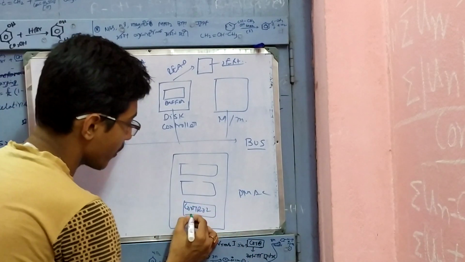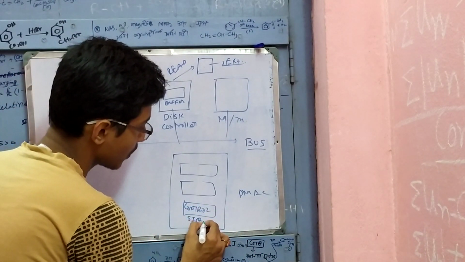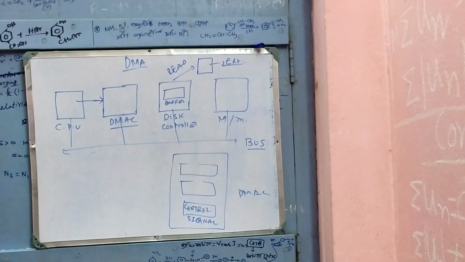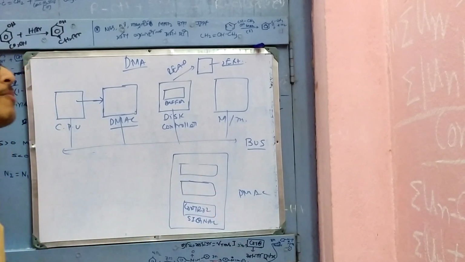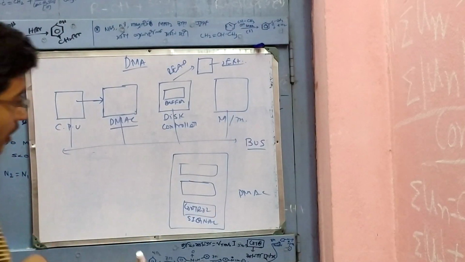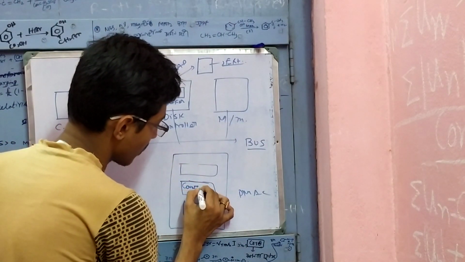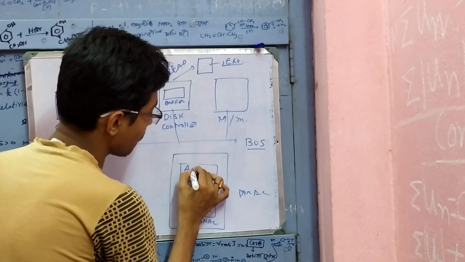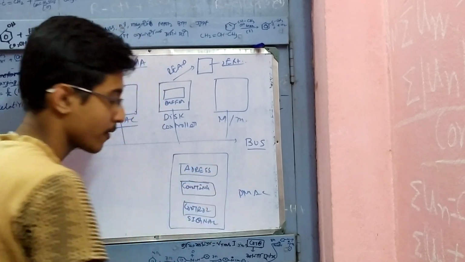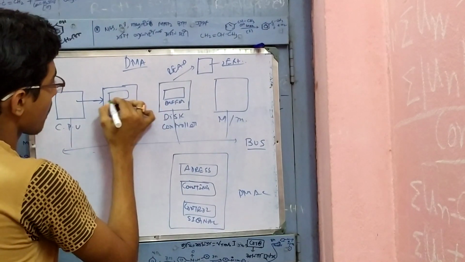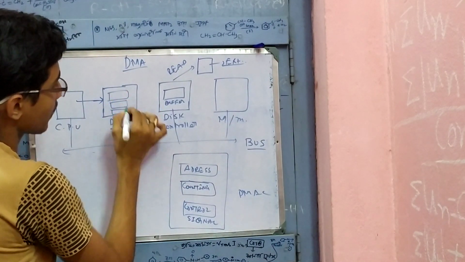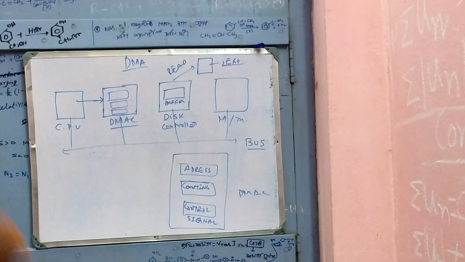Why? I will come to it. This is a register which is basically for counting purposes. Why counting? I will come to it. This is a register for address. Now I am making 3 blocks, and I have written the names here.